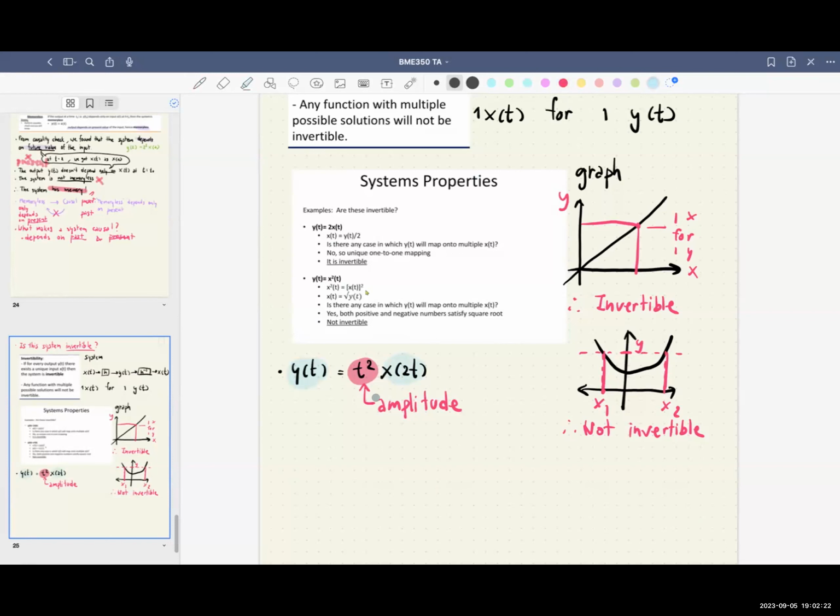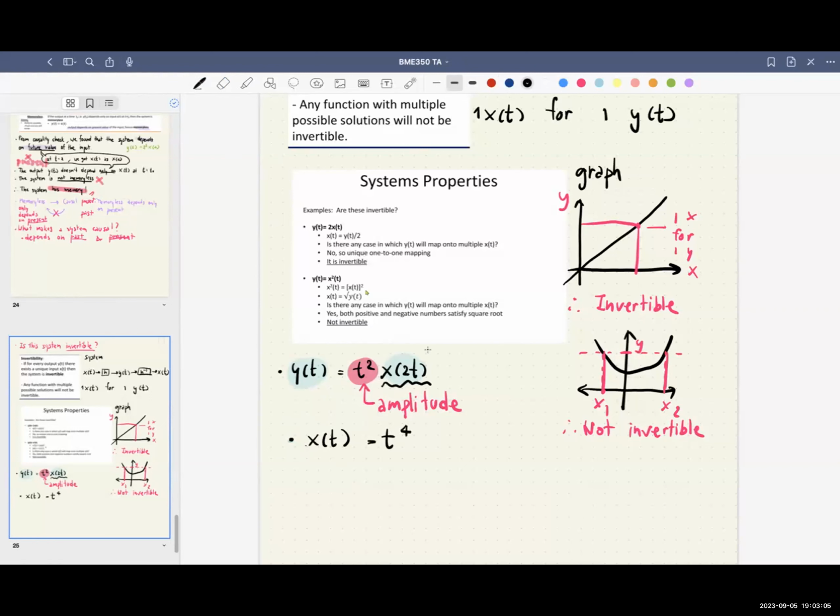For example, if we have x(t) as t to the power of 4, because we don't know what x(2t) is, right?